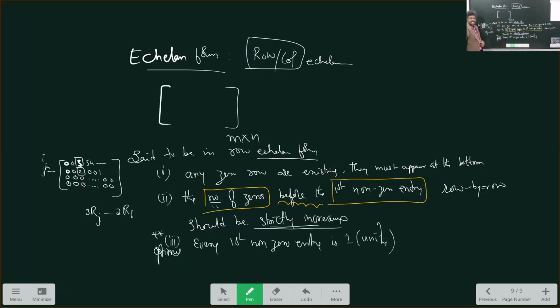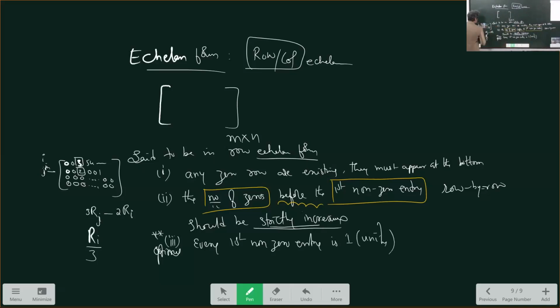Why am I treating it as optional? Suppose this is 3 now. It is the first non-zero entry, so this is not unity. What should I do? I'll just divide by 3 after the elimination stages. Now it becomes 1. But this will make some fractions over the rest of the elements. So that's why this last step I can take later, at the last stage. So this is how we are talking about the row echelon form.